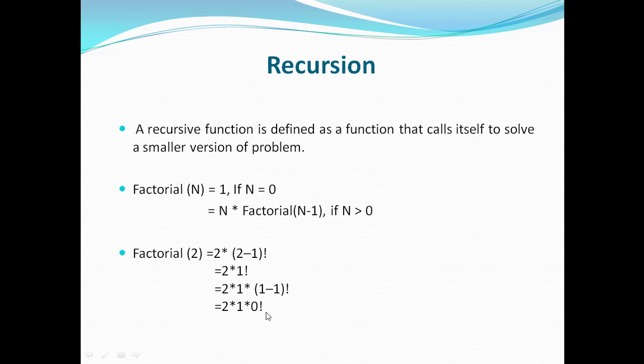Here we need some lower value, that is 0 factorial. We already have the value when n is equal to 0, it is 1. So the value here is 1. So 1 multiplied by 1 multiplied by 2 is equal to 2. So factorial of 2 is equal to 2.